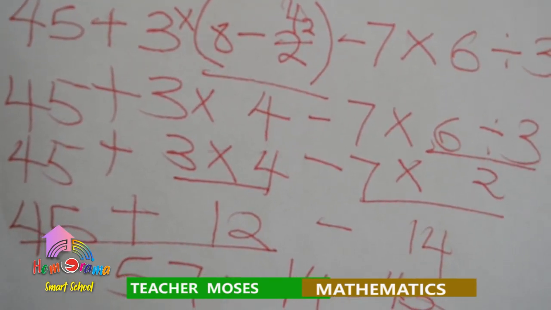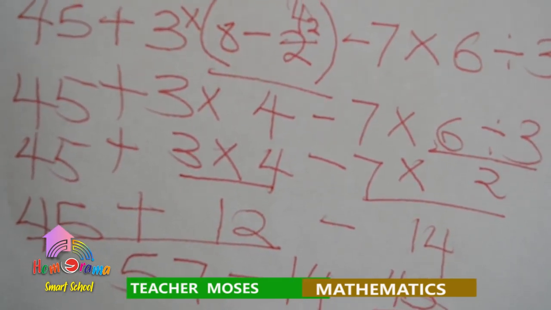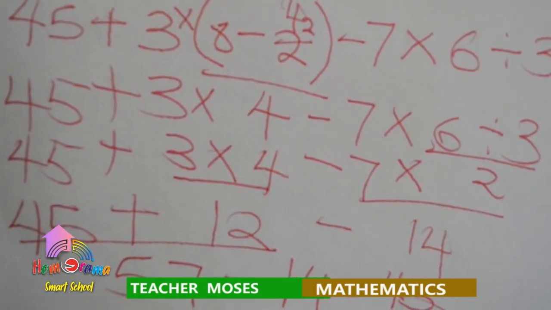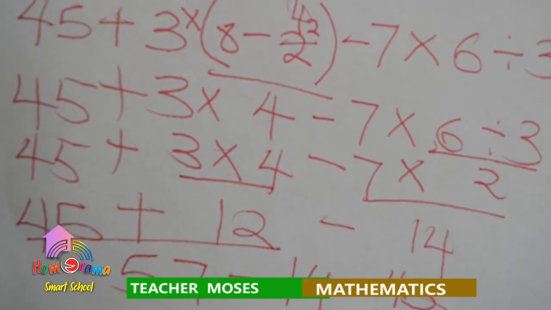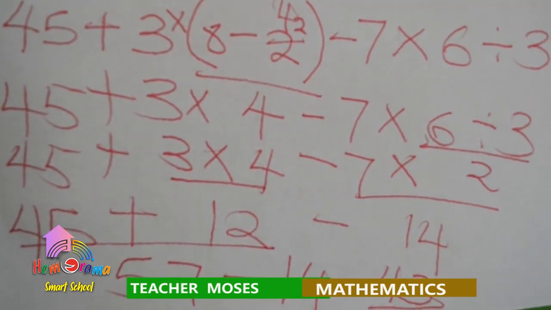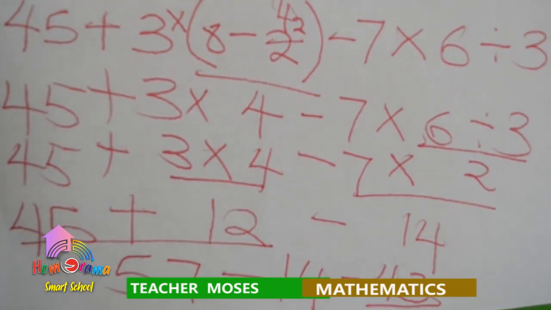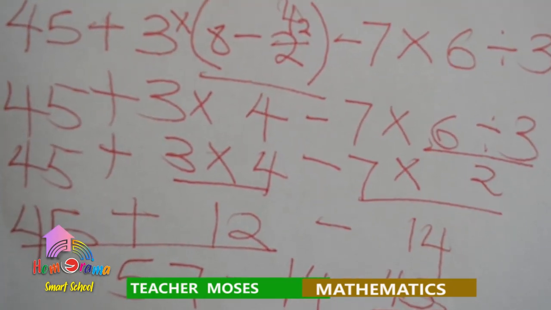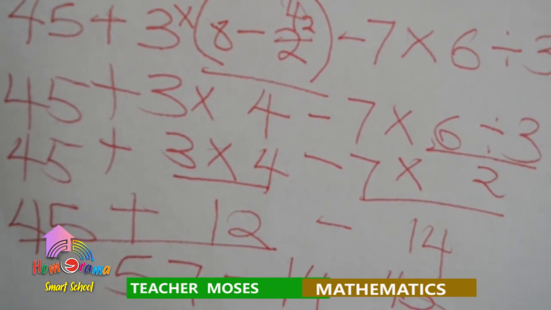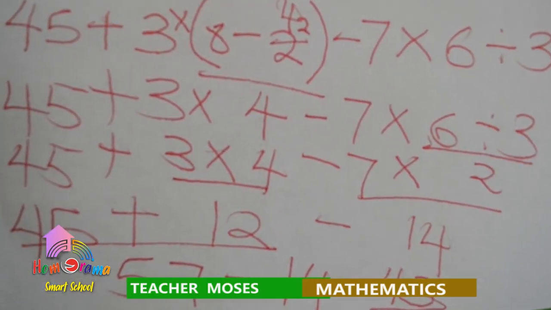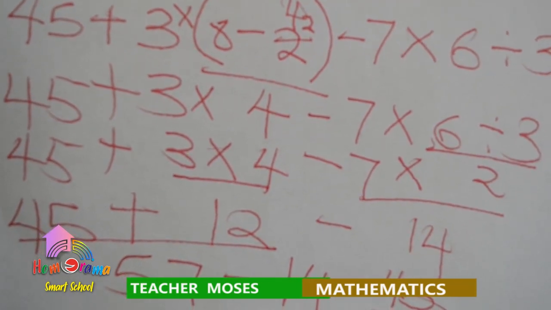So boys and girls, we now realize that we have addition and subtraction. Start with the addition. Add this. 45 plus 12. Give me the answer and be accurate. Very good. 45 plus 12 is going to give us 57.